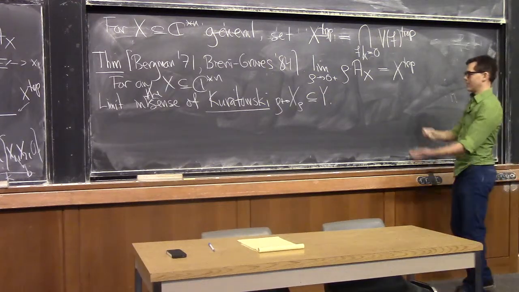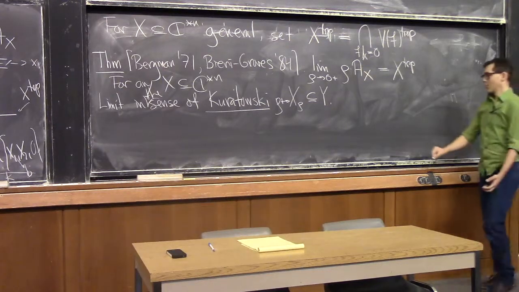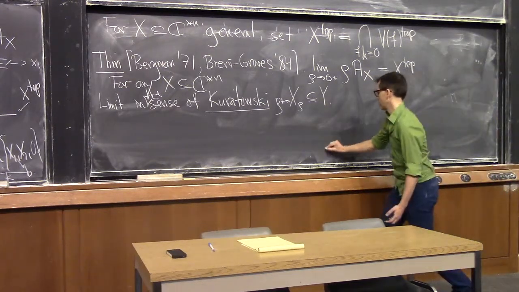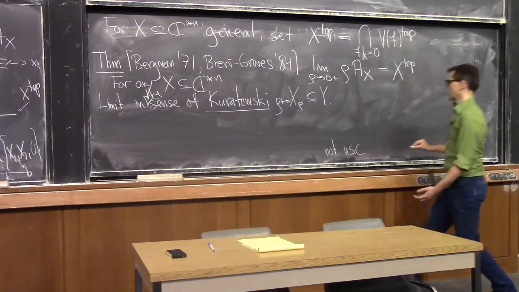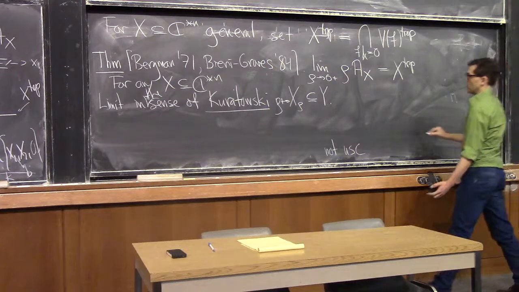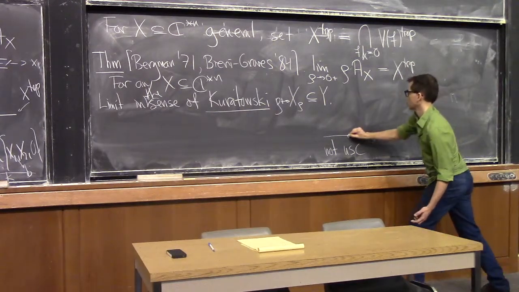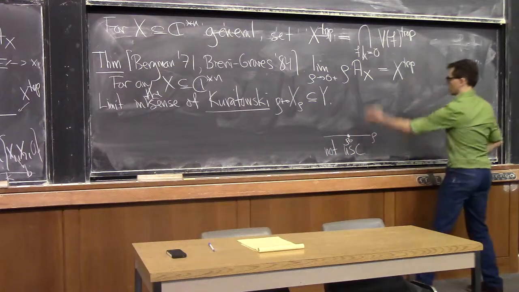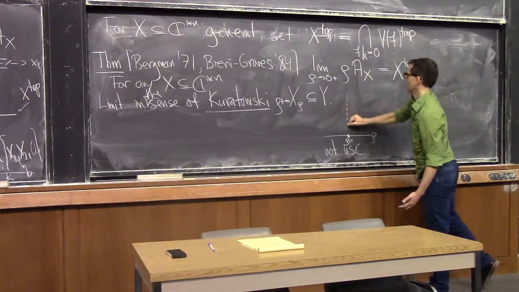To be continuous, you want to be upper semi-continuous and lower semi-continuous, right? Instead of giving a definition, consider something that's not upper semi-continuous. I have a special value rho naught, and somehow I have some empty spots here.